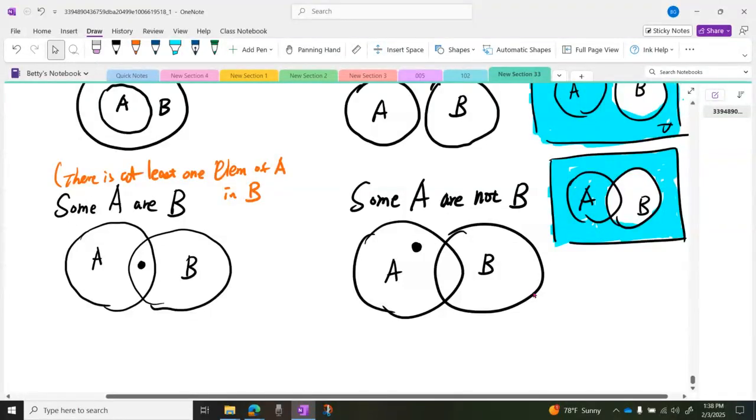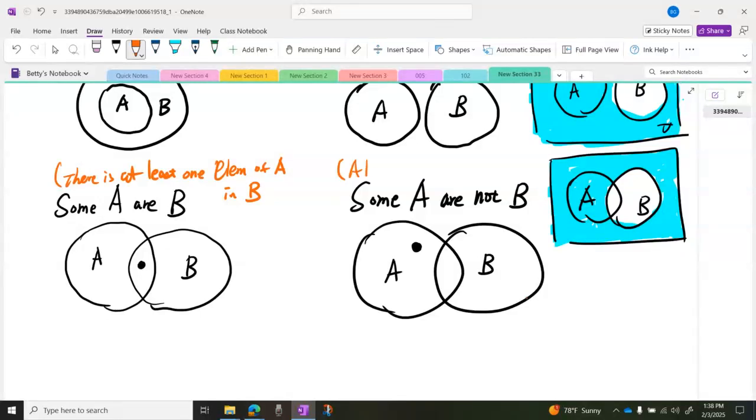And similarly, the equivalent way to say some A are not B is there is at least one element of A not in B, right?